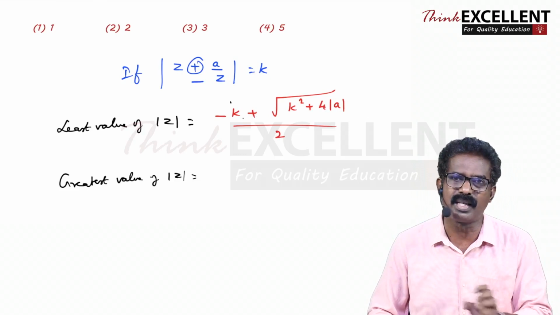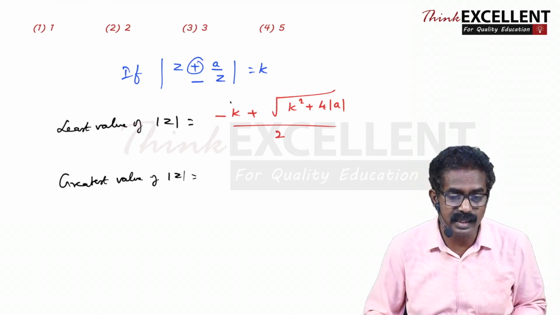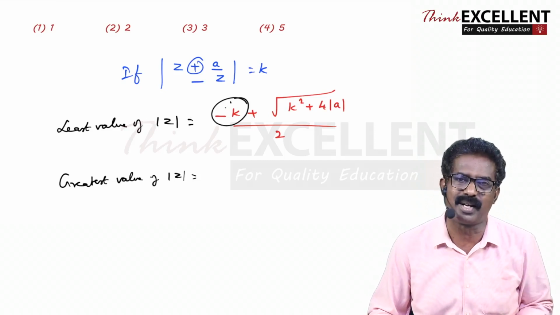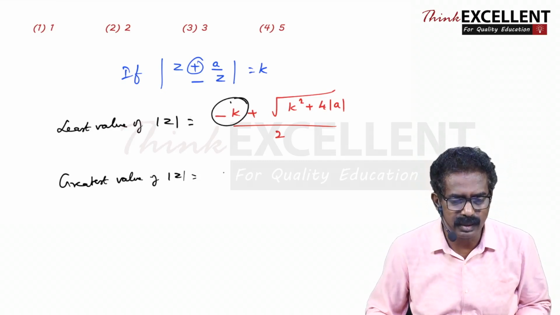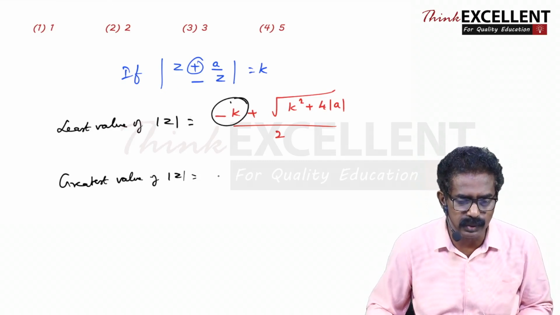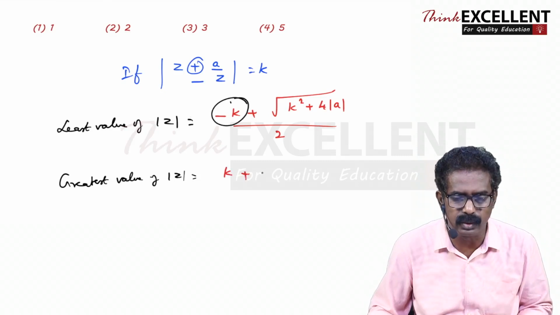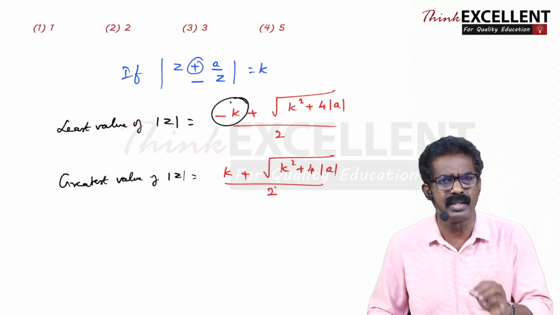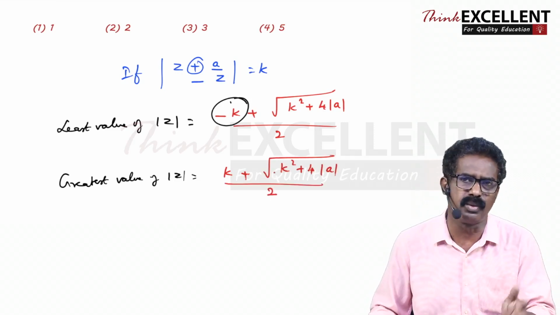If you learn this, you can save time. So this is for least value. Greatest value, a small change. Instead of minus k, you write plus k, that's all. So the formula for greatest value is k plus root of k square plus 4 into modulus a, by 2. Okay, initially you may find it a little difficult, but if you write and practice, you will find it very easy.